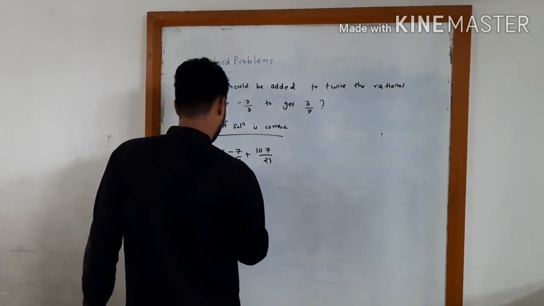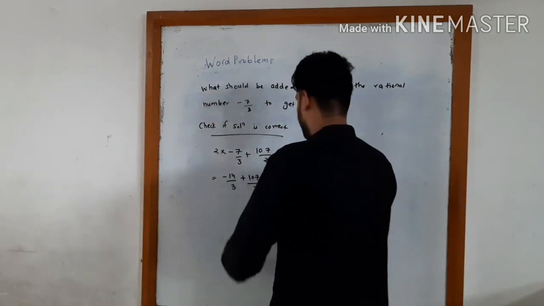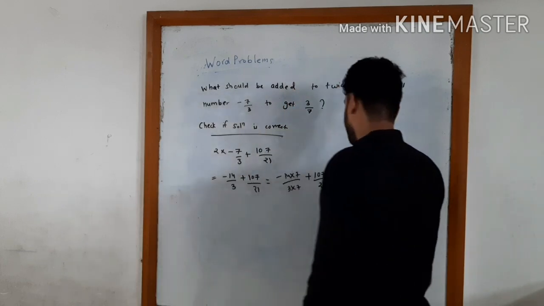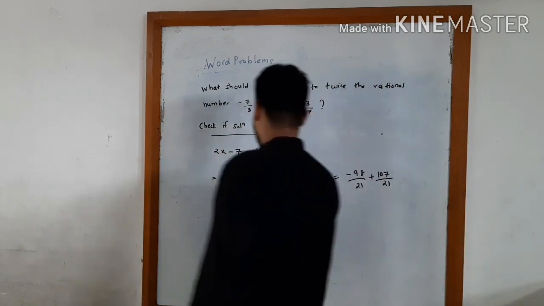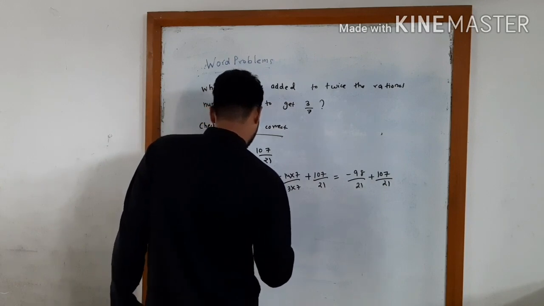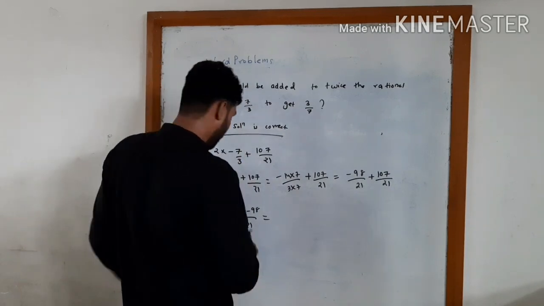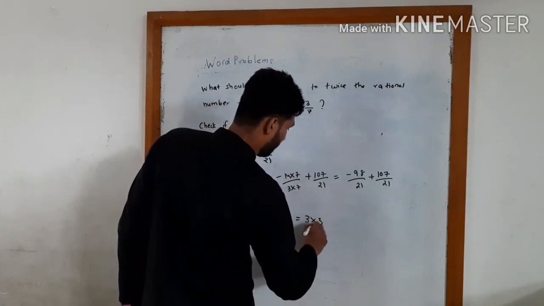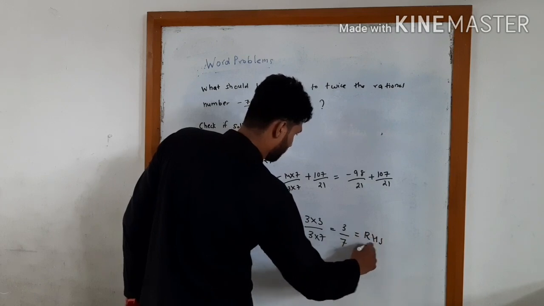We get minus 14 upon 3 plus 107 upon 21, which is equal to minus 98 upon 21 plus 107 upon 21, which is equal to 107 minus 98 upon 21, which is 9 by 21, which is equal to 3 into 3 upon 3 into 7, which is 3 by 7, which is our RHS.